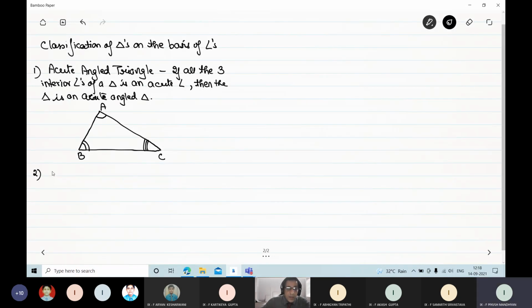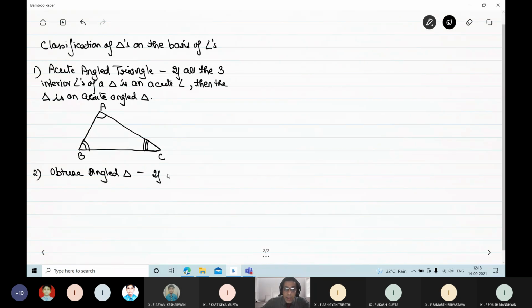The second one is an obtuse angled triangle. An obtuse angle is greater than 90 degree and less than 180 degree.